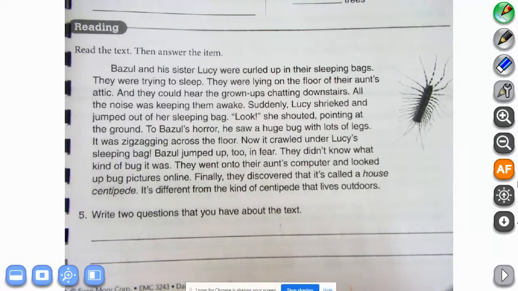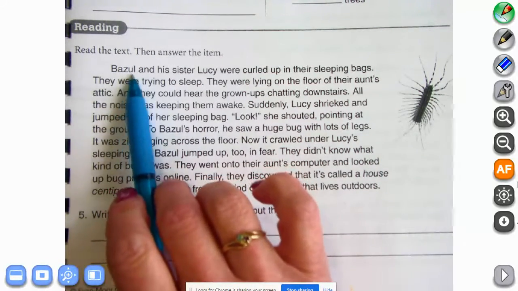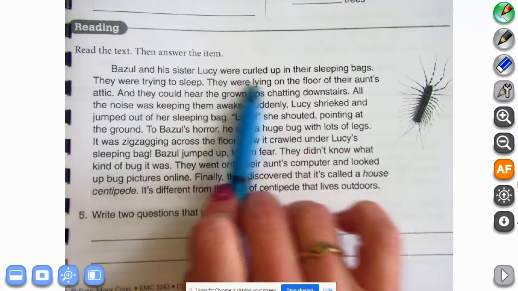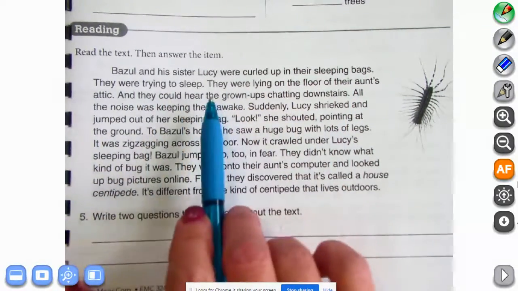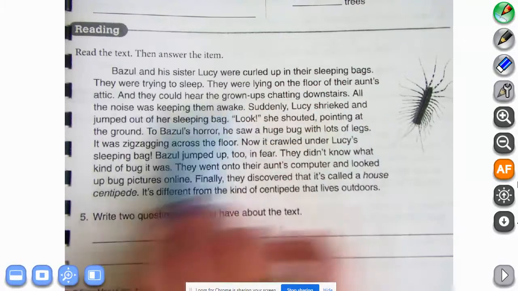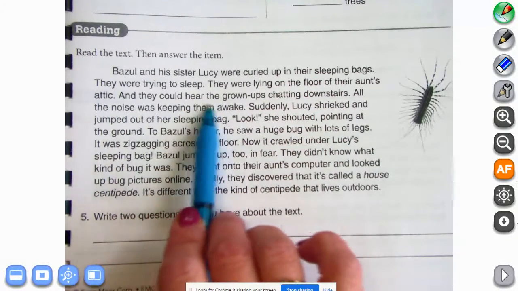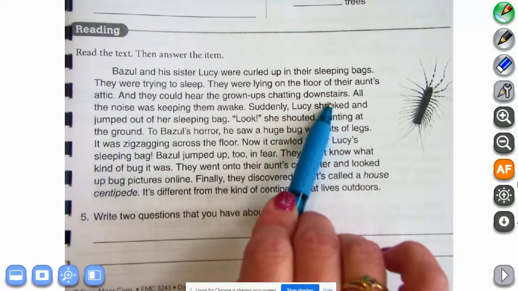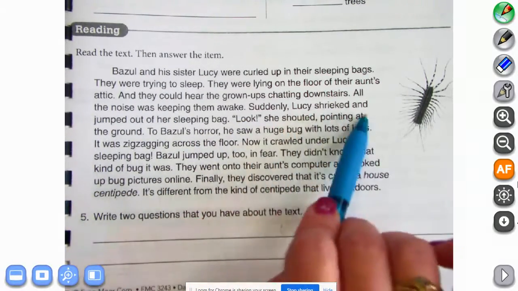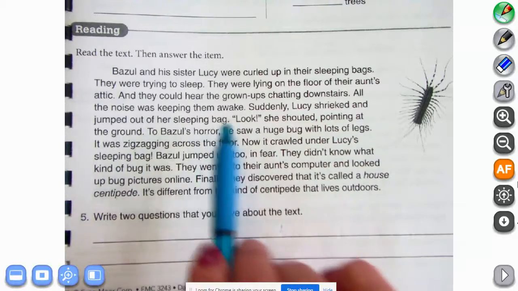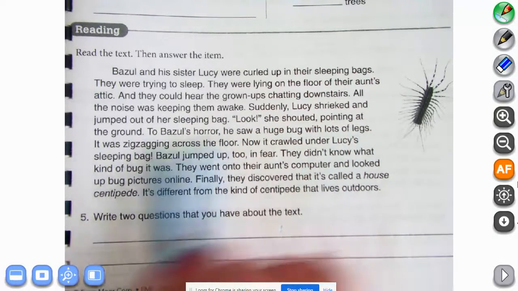All right. We're going to read the text right now. Basil and his sister Lucy were curled up in their sleeping bags. They were trying to sleep. They were lying on the floor of their aunt's attic, and they could hear the grown-ups chatting downstairs. All the noise was keeping them awake. Suddenly, Lucy shrieked and jumped out of her sleeping bag. "Look!" she shouted, pointing at the ground.